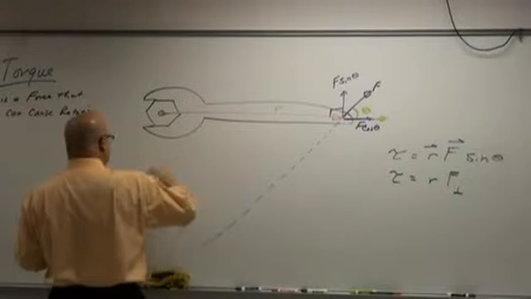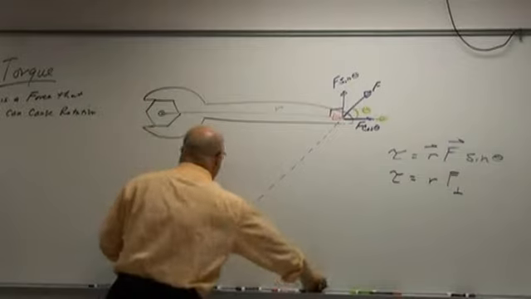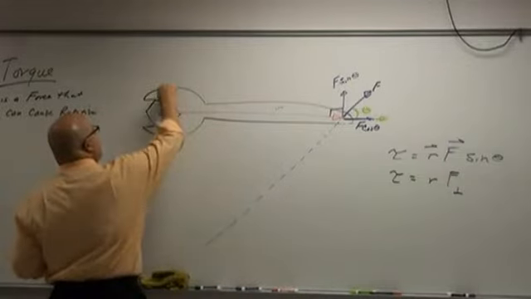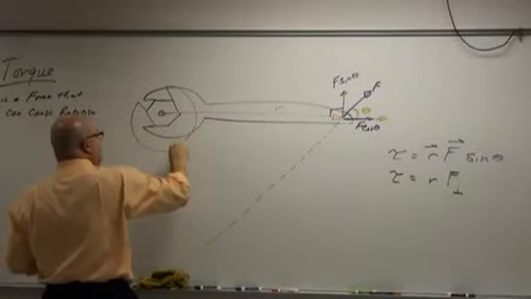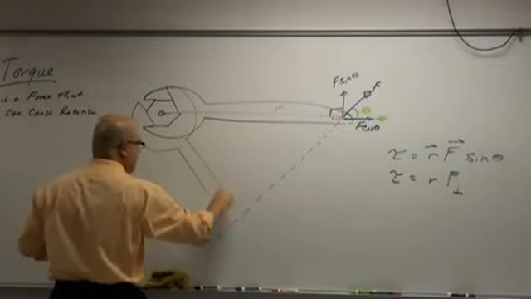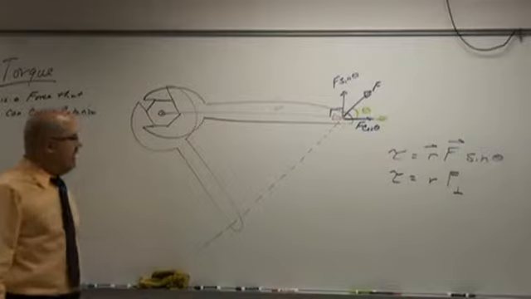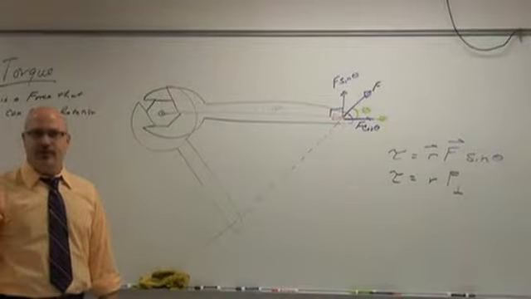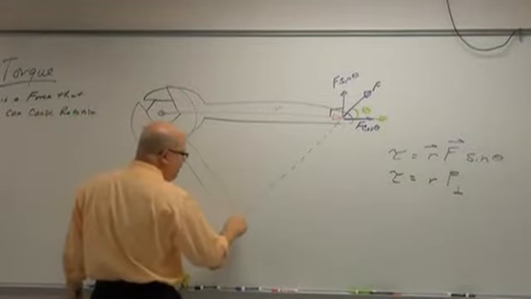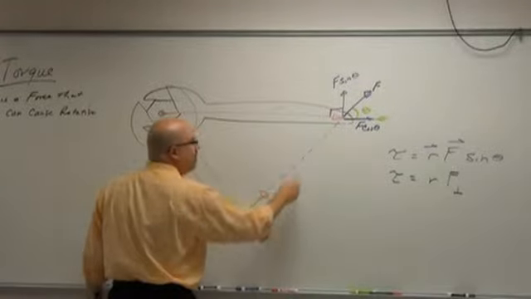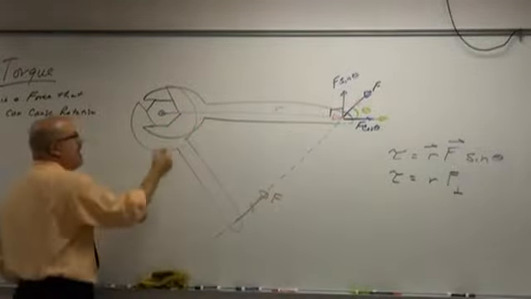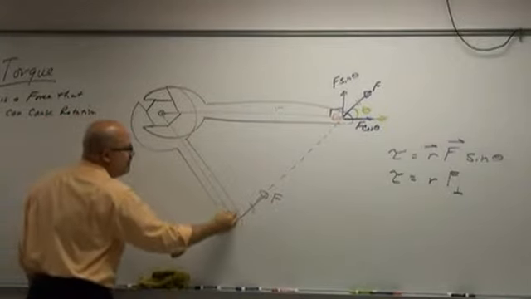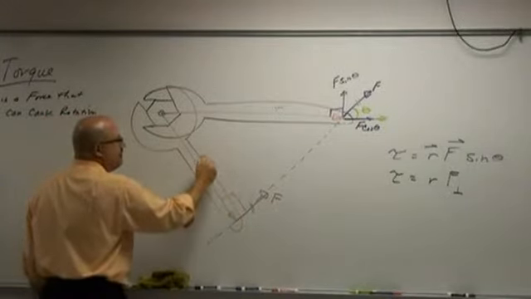So if my wrench instead was this wrench, and I applied this same force up here, but applied it at this radius, there's a change in torque throughout the whole thing.